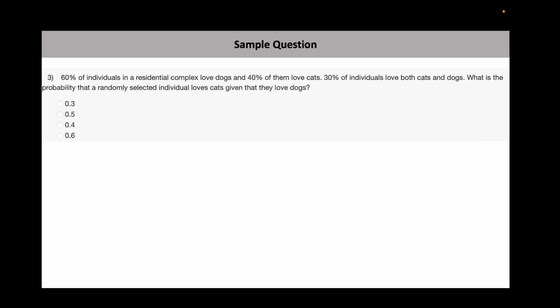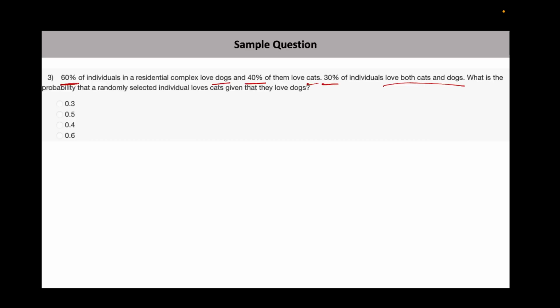Okay, so now let's try to solve this question. It is a little tricky, but to solve these kinds of questions, you need to understand what the question exactly is asking. In this question, it says that 60% of the individuals love dogs, 40% of them love cats, and 30% love both cats and dogs.